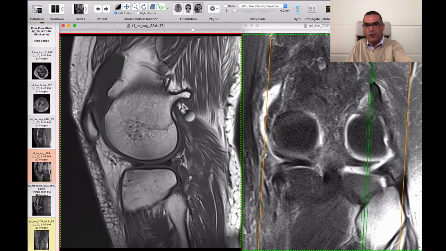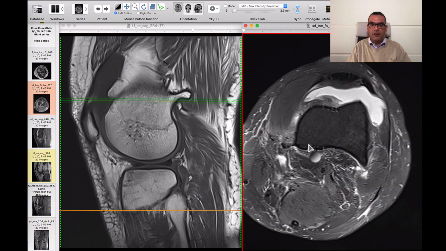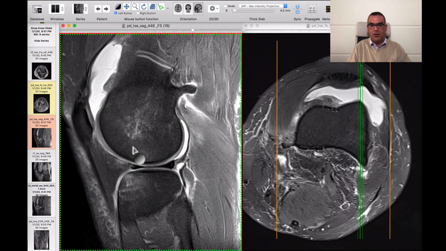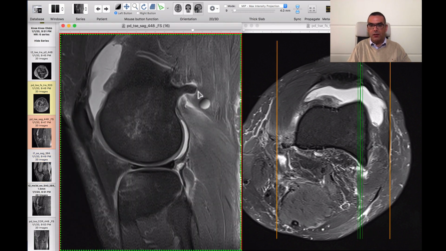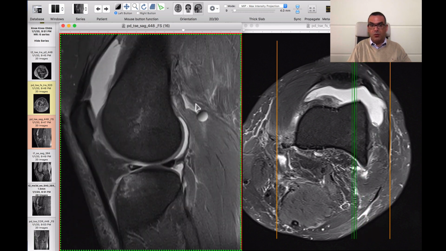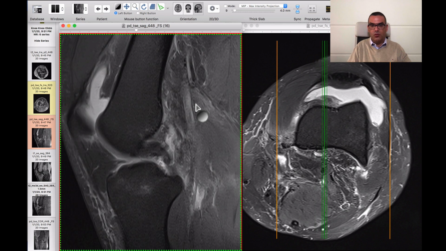This is a very clear small osteochondroma. And unfortunately, the axial scans were starting just beneath its level. So this is the osteochondroma base, but it's very obvious in the sagittal scans with a clear, well-defined, homogeneous cartilage cap. So this is an incidental lesion.